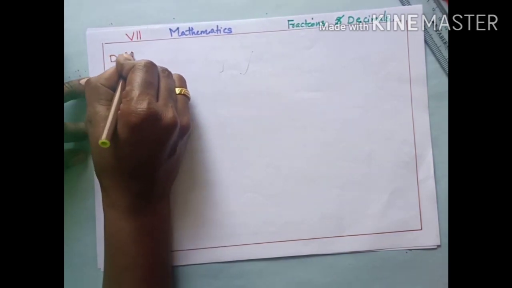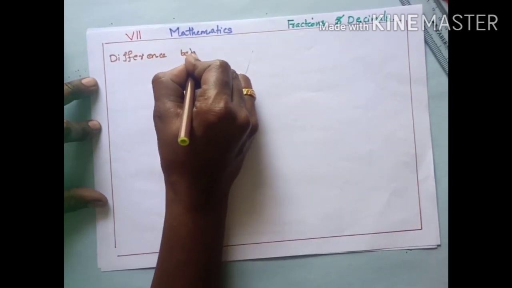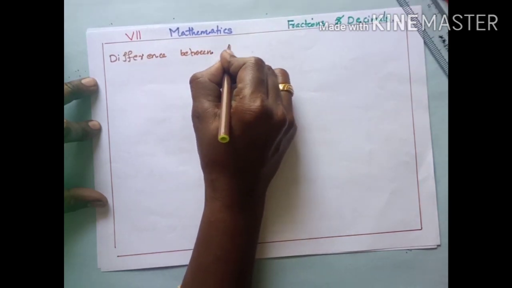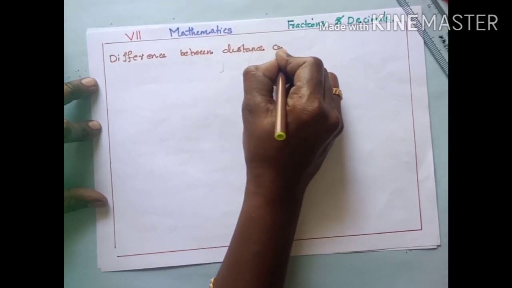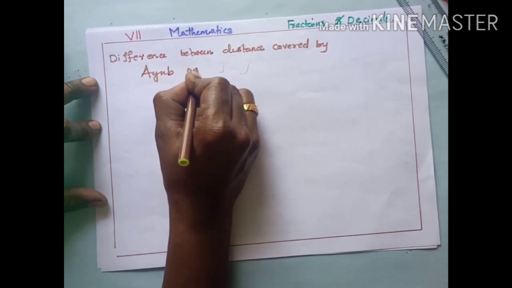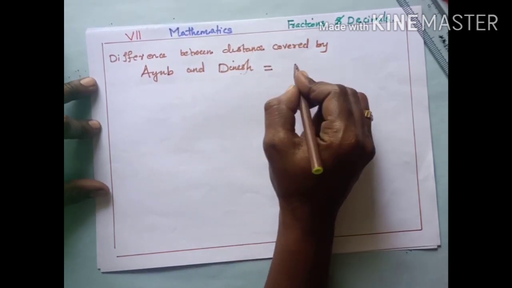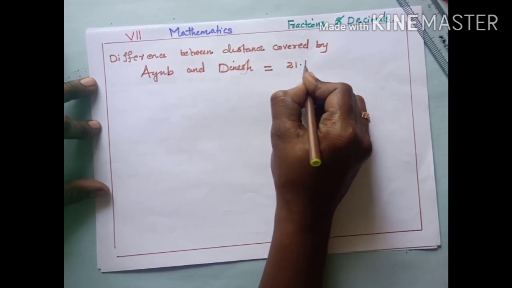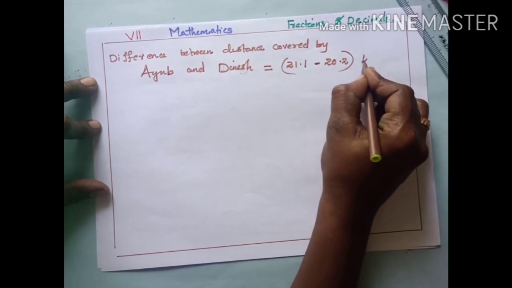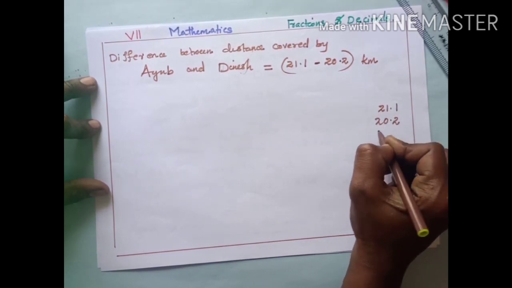So the difference between the distance covered by Ayub and by Dinesh equals the larger distance, 21.1 minus 20.2 kilometers. So subtracting 21.1 and 20.2.